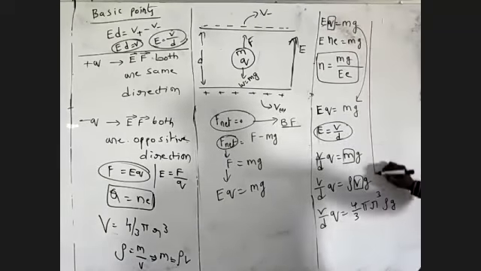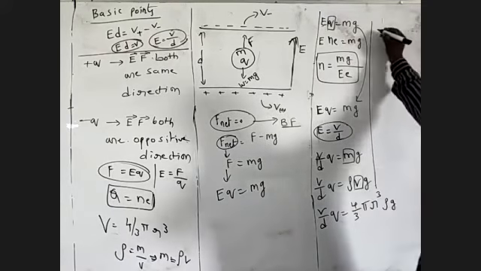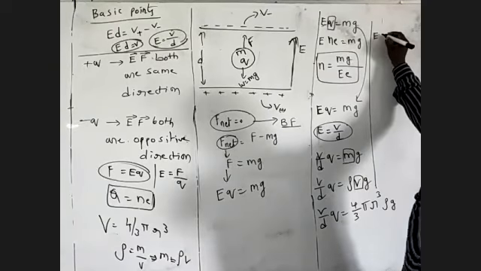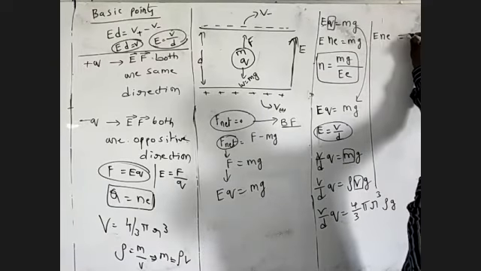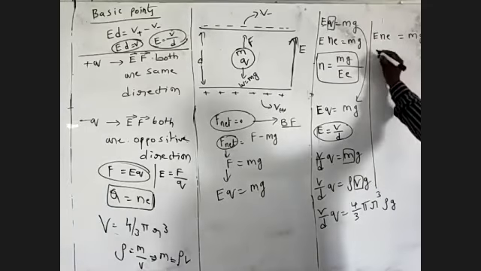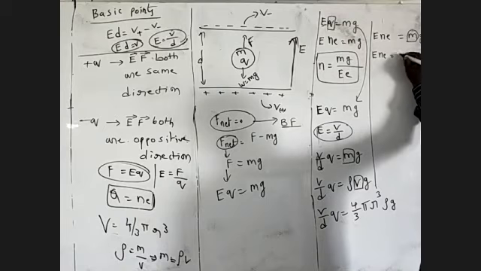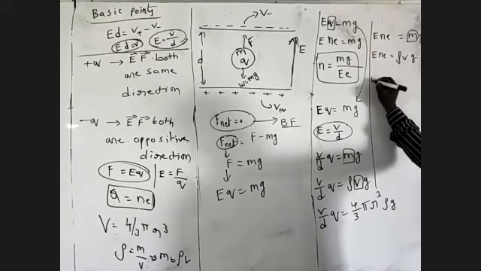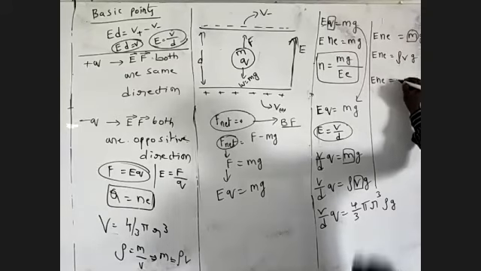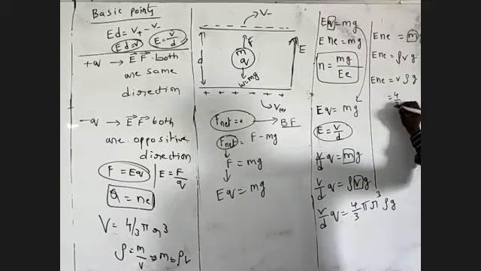Now we will see the next one. I'm taking Q is equal to Ne is equal to mg. E into Ne is equal to mg, where m means rho Vg. So E into Ne is equal to V rho g, and V means 4 by 3 pi r cube rho g.